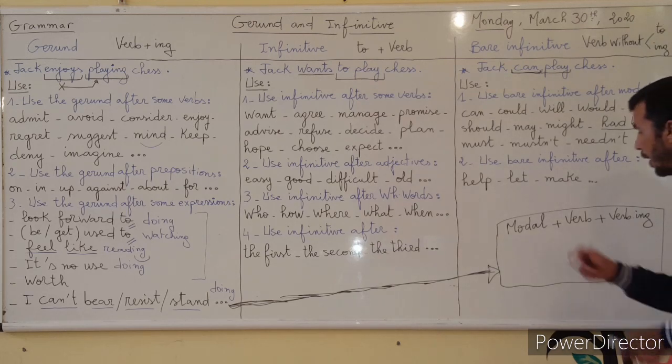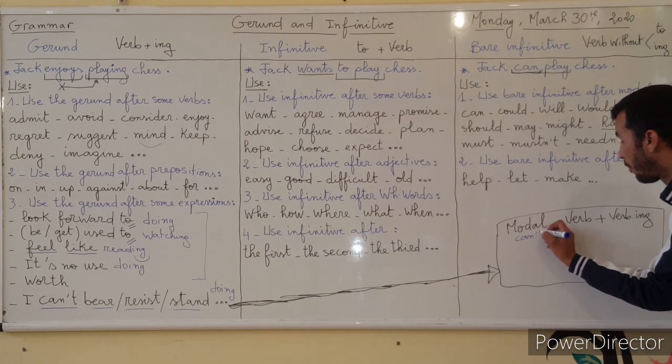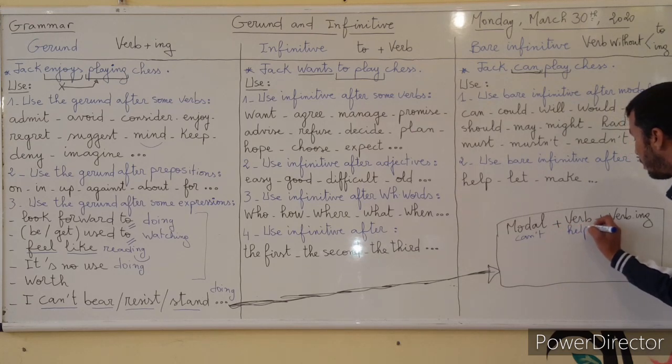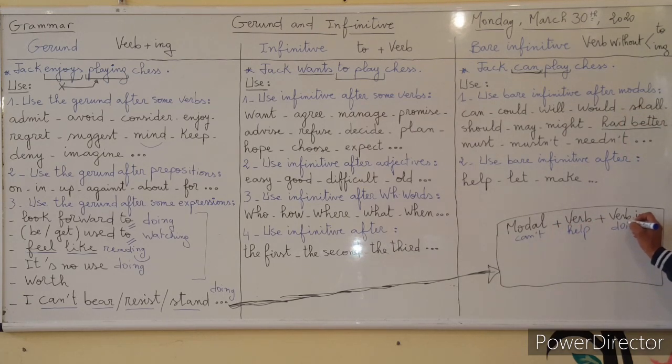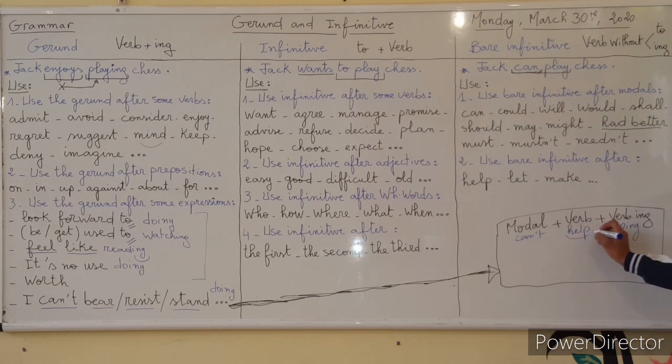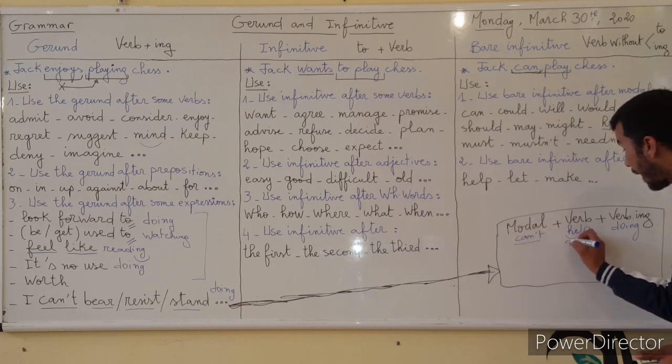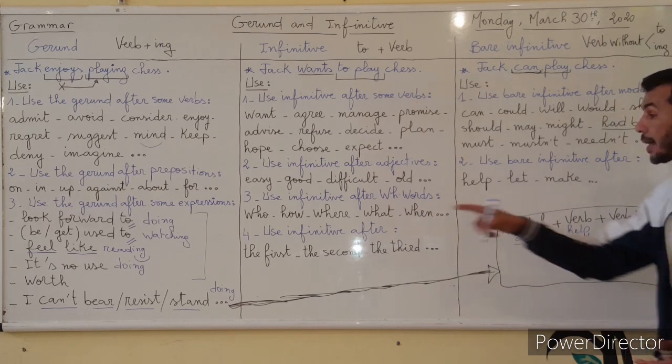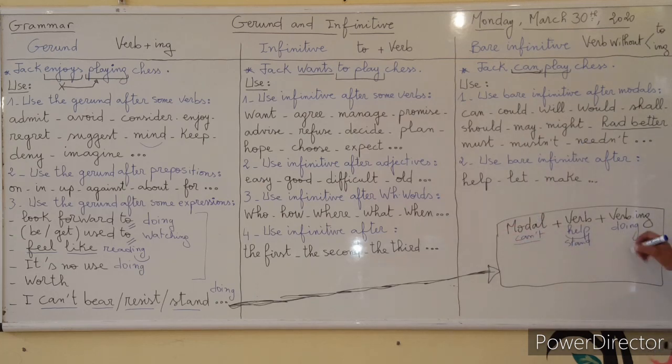Example, I can't help doing. Pay attention. It's not about help, just help without a modal. It's very basic. But when we have help and a modal, the verb that comes right after must be gerund. Or I can't stand. Or I can't resist. Or I can't bear. Doing as an example.